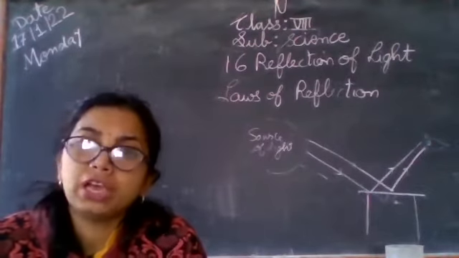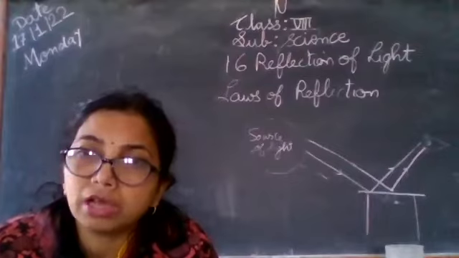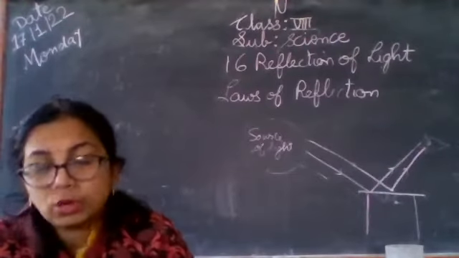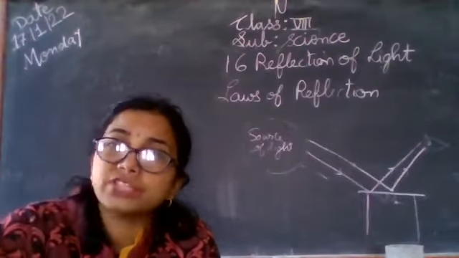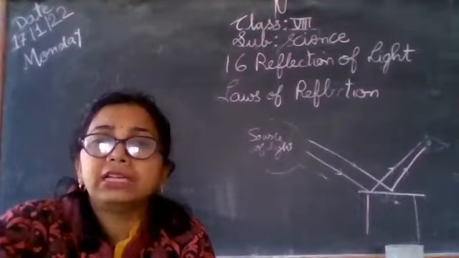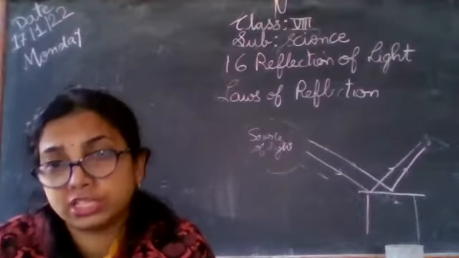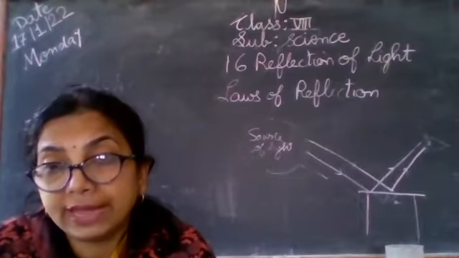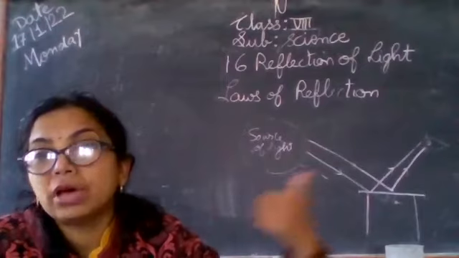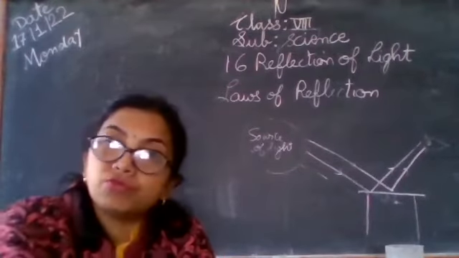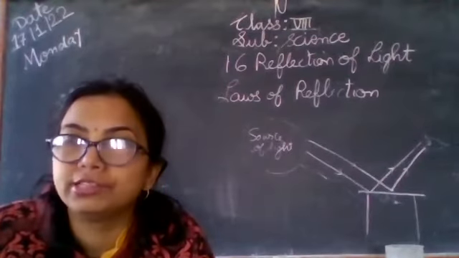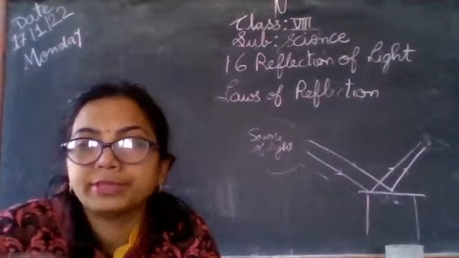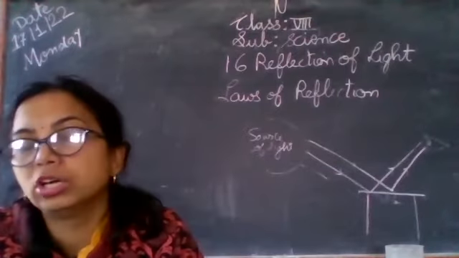In that case, we are unable to see them in darkness. But when the sun's rays fall on them and are reflected from their surface and enter our eyes, that time we can see that there is a moon in the sky or some of the planets around the earth.